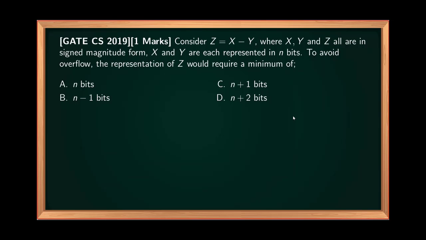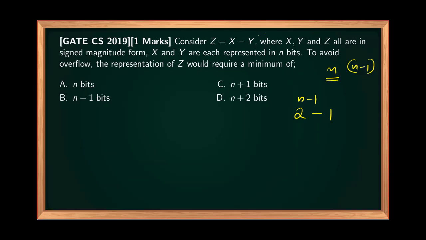The decimal equivalent of the highest number represented in signed magnitude format is 2 power n minus 1 minus 1. Because if you are using n digits, one digit is dedicated for sign and the remaining n minus 1 digits decide the magnitude. So the maximum magnitude is 2 power n minus 1 minus 1.